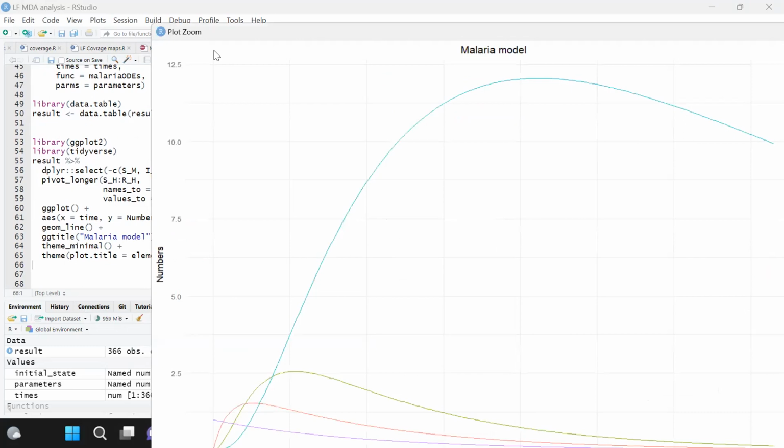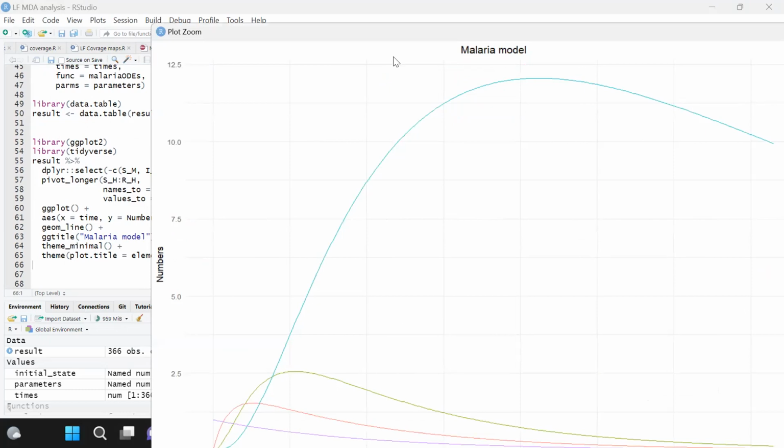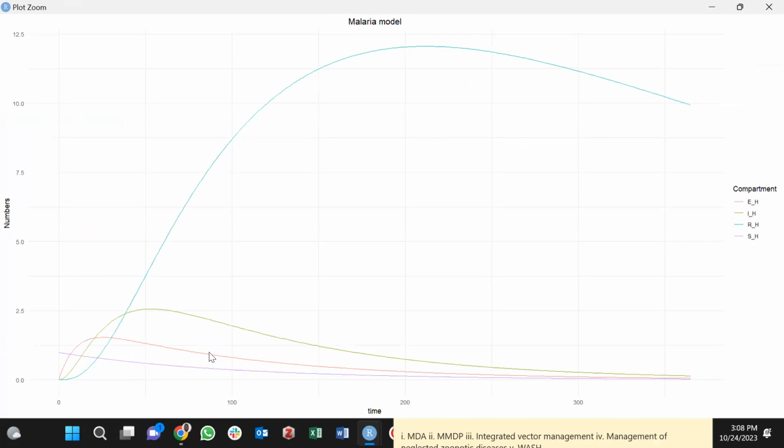So I hope you can all see. Sorry for that. We can all see this one, and we can describe it now.